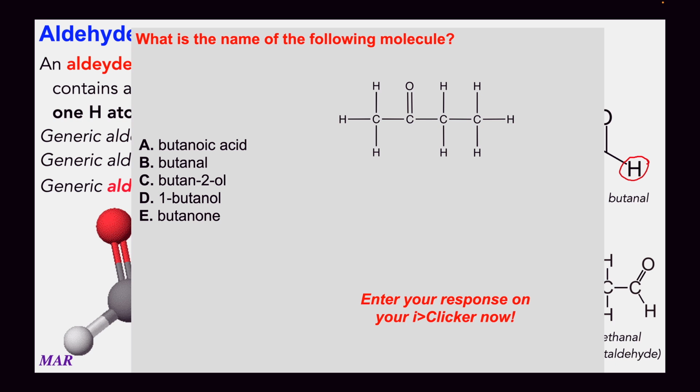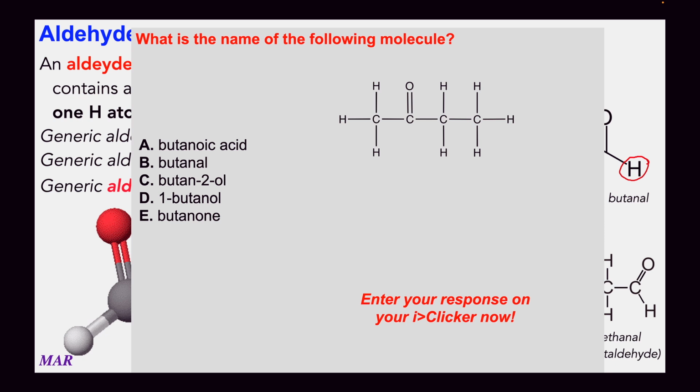So let's name this compound right here, all right? And as you can see, this compound has 1, 2, 3, 4 carbons, so it would be like a butane. However, it has a carbonyl, a carbon-oxygen double bond. So if it has a carbonyl, it's going to be an aldehyde or a ketone.